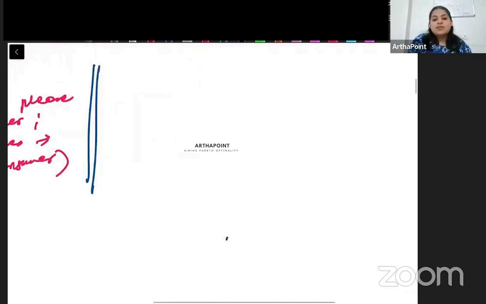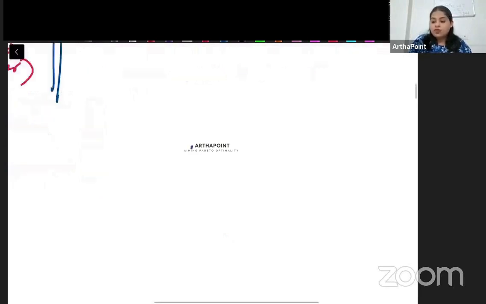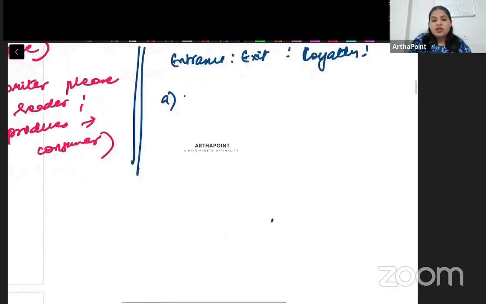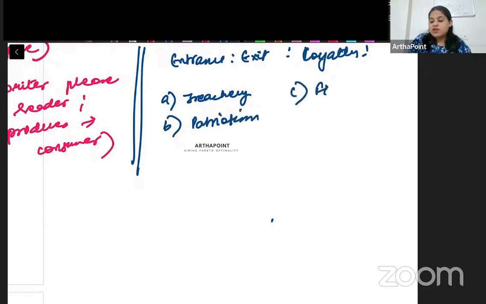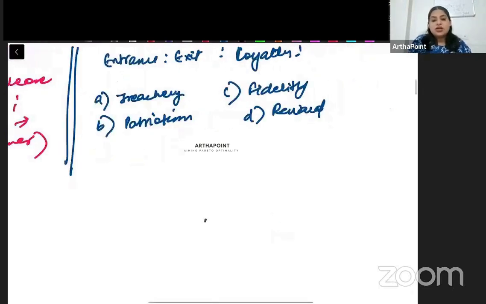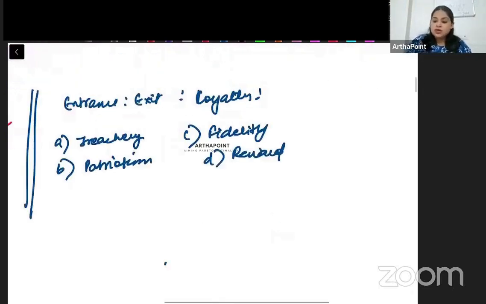Beta जल्दी से I am giving you a question. So suppose it comes in exam that if entrance is to exit, then loyalty is to, and they have given you 4 options beta. Option A, treachery. Option B, patriotism. Option C, fidelity, and option D, reward. तो बेटा आपको यहाँ पे देखना पड़ेगा in this case that these words are opposite words.